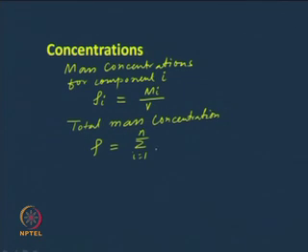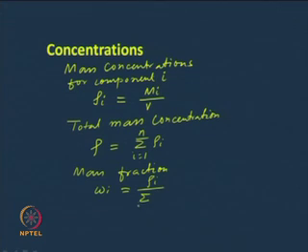If there are n components in the mixture, it will be rho i, and the mass fraction is defined as w i, which is equal to rho i by the summation over i is equal to 1 to n of rho i, which is equal to rho i by rho.